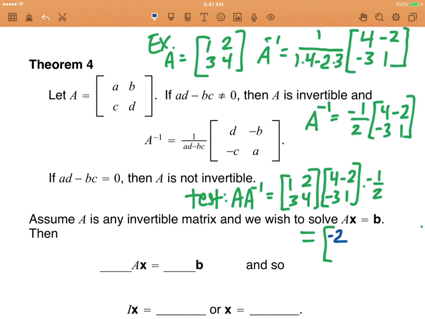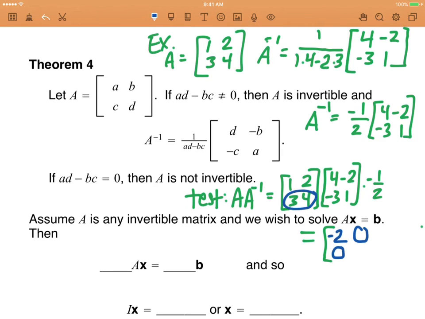Okay, next I'm going to do the 1, 2 times the -2, 1. That dot product is -2 plus 2, so that gives me a 0 in that position. Next, I'm going to do the 3, 4 dotted with a 4, -3. That's going to be 12 minus 12. That gives me a 0 down there.